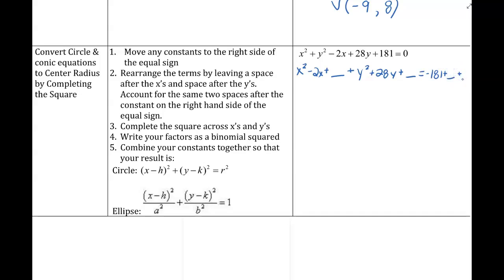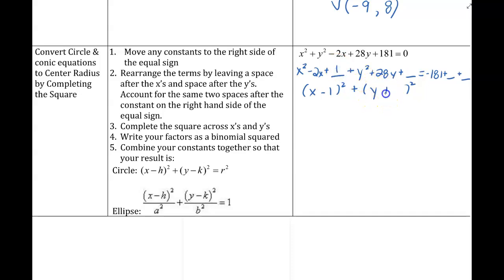And if I add 2 blanks to one side, I better be adding those 2 blanks to the other side. So now we're going to end up with 2 binomial squareds. Dropping down the variable of x, half of my middle term, half of -2 is -1. We square -1 to get a +1. Same thing over here.